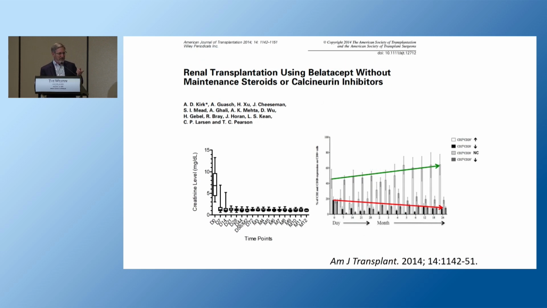Indeed, in this study that was done with belatacept, you could follow the gaining of CD28 positive naive cells and the loss of CD28 negative memory cells over time just by going through the process of cell depletion and repopulation.